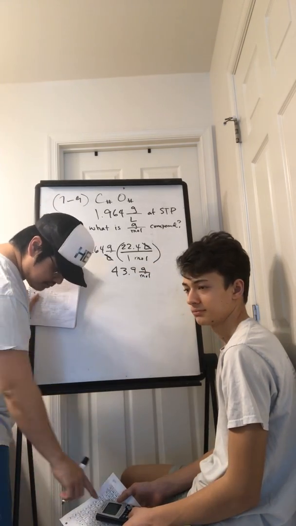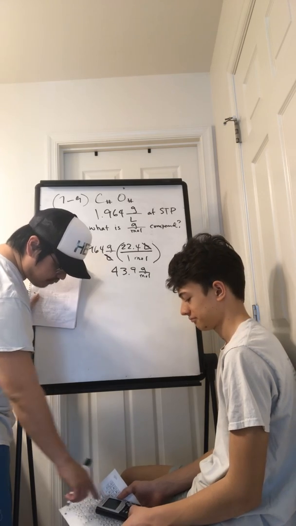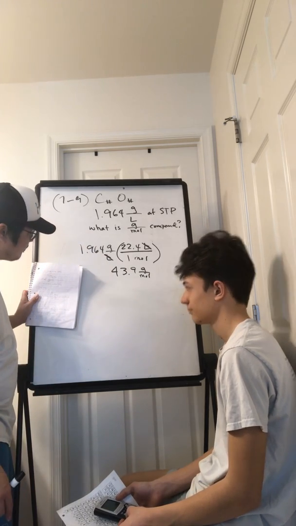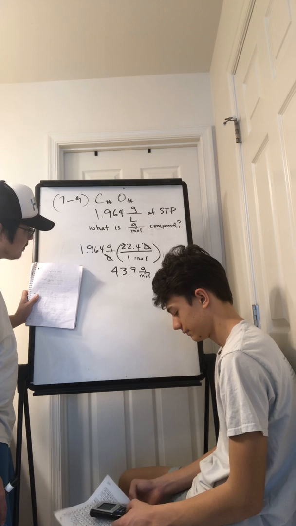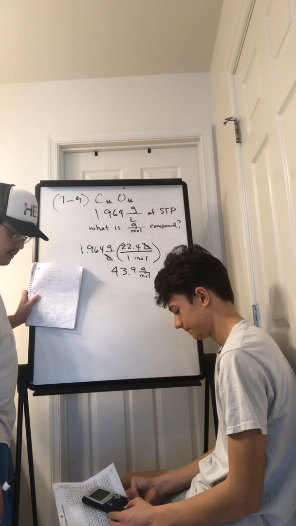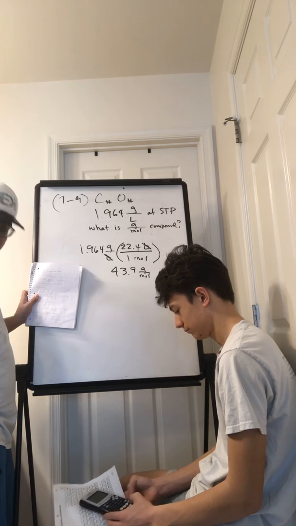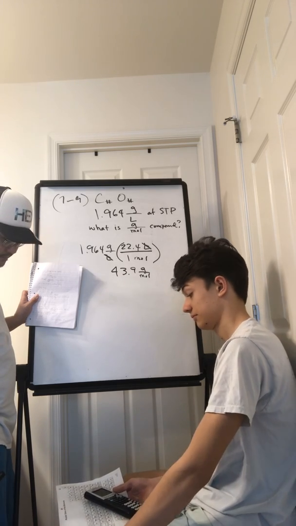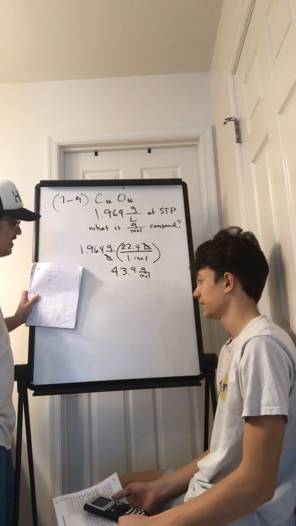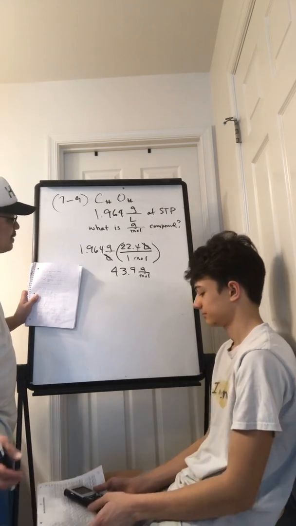Okay, let's see. Oh, you forgot the 4. 1.964 times 22.4. Oh, shoot. 43.99. Yeah. But it's maybe okay.